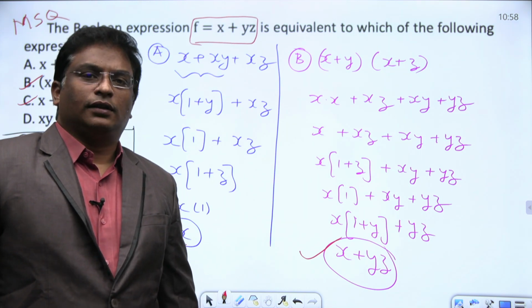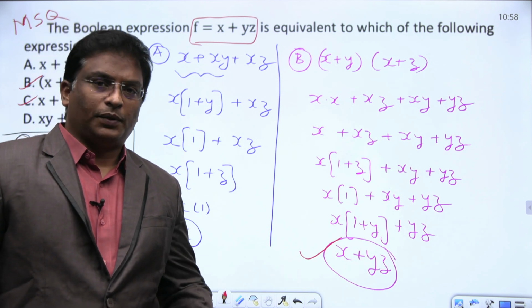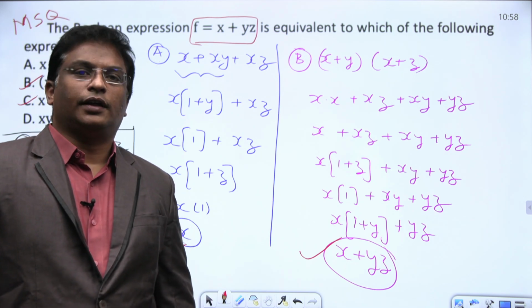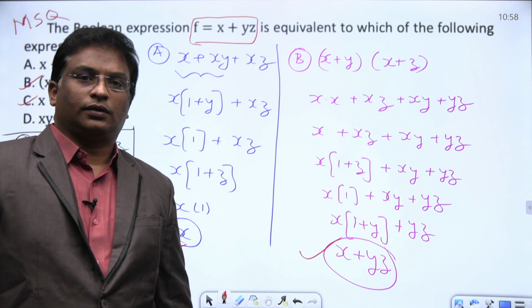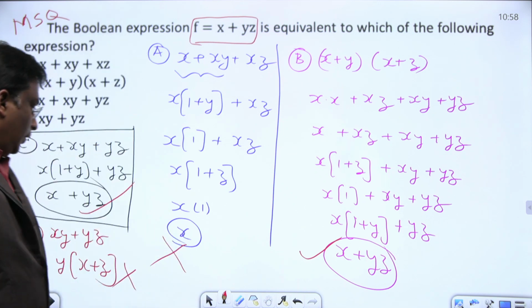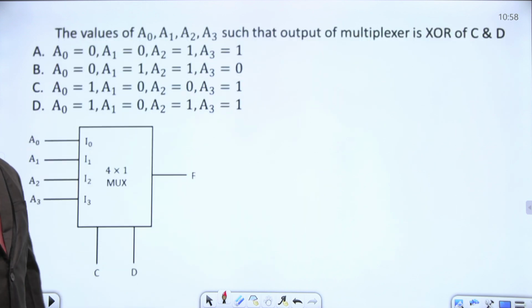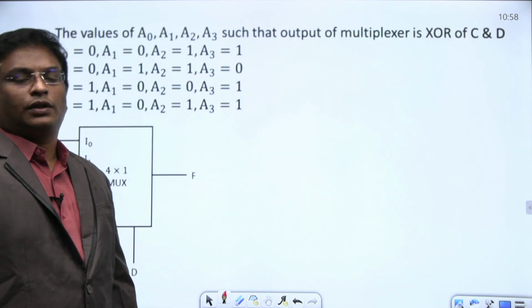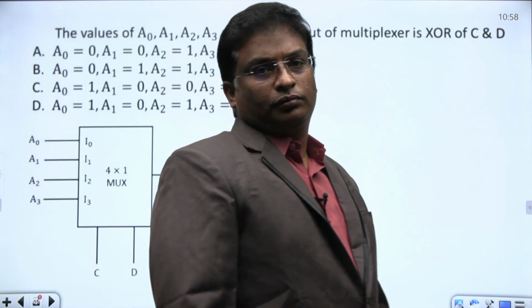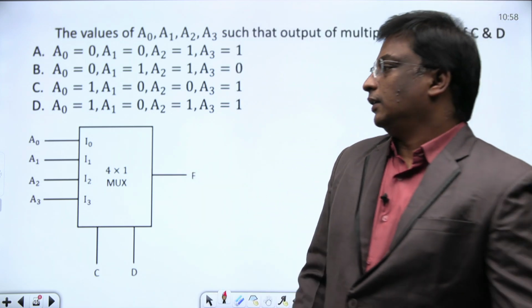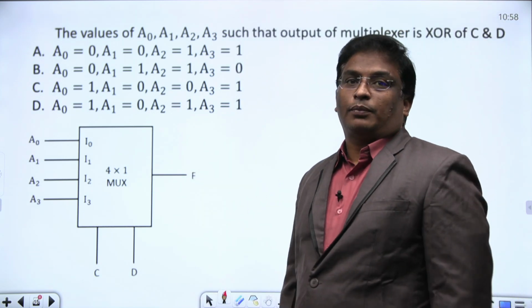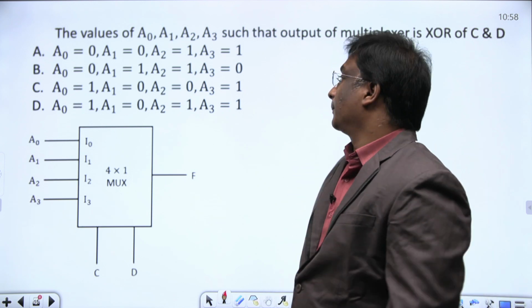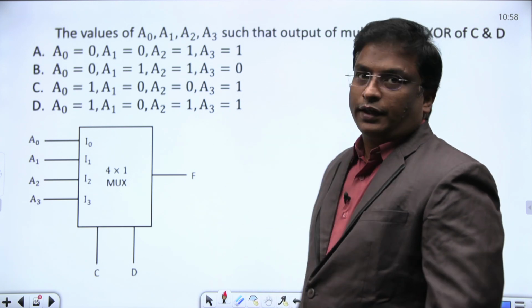If they want to test GATE candidates, they can increase these MSQs and NAT questions, numerical answer type, fill in the blanks questions. It is the right way to evaluate the students. Maybe in future you may see more MSQs as well as NAT questions in GATE. Sometimes the whole question paper may have zero MCQs in future. Right, let us move on to the next question.